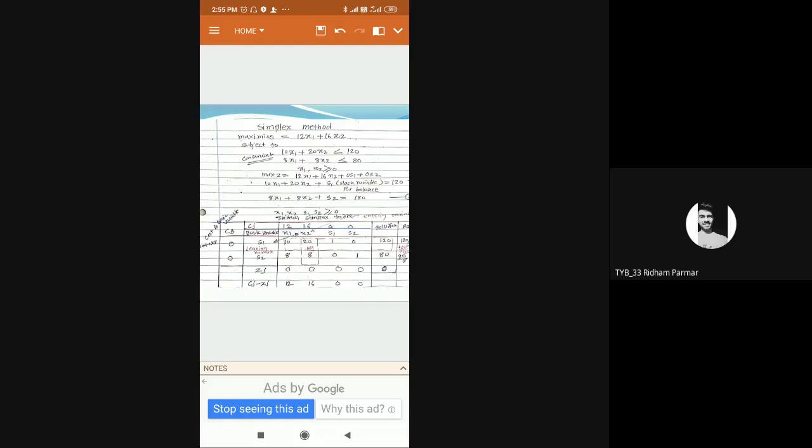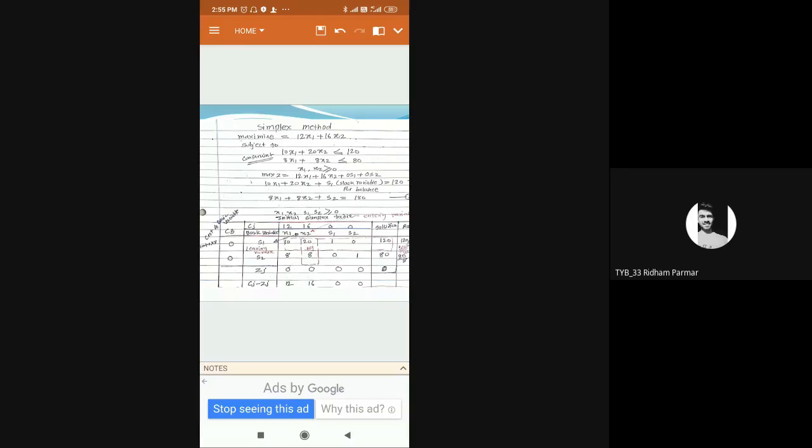So simplex method problem is there under maximum conditions. Here, maximize 12x1 plus 16x2 subject to the conditions I have given. The next step is the addition of slack variables, in order to convert inequality into equality.